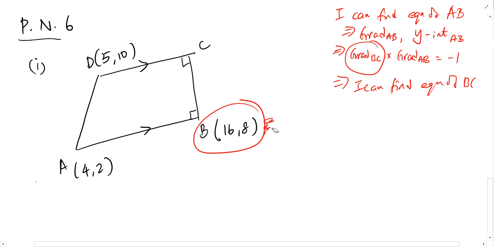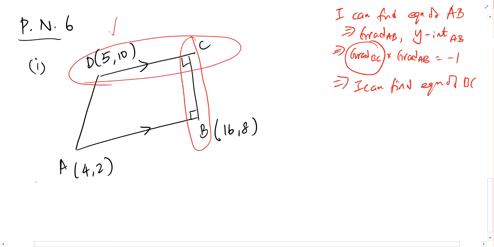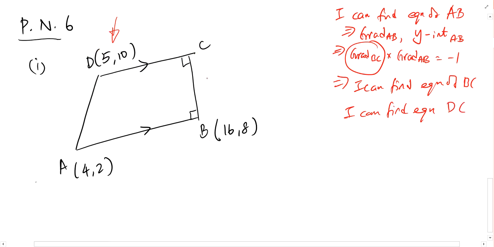Now since I have the gradient of DC plus 1 point, I can find equation of DC. With these two equations, DC and BC, I can find the point of intersection, right?